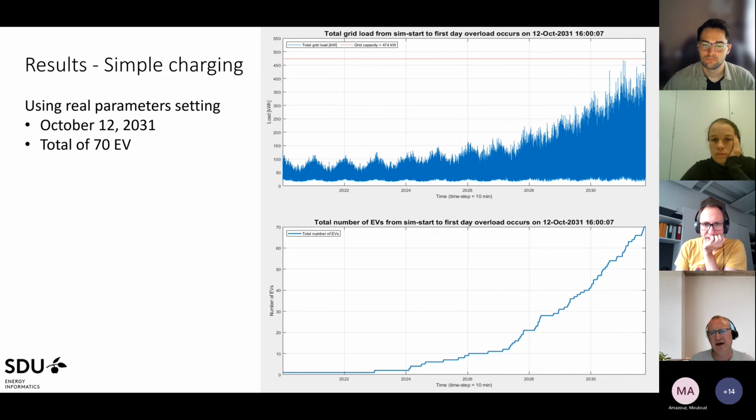And what we've done here is we try to say, okay, what is the expected growth or adoption rate of EVs over the coming years, and how will that influence the grid stability when all of these adopted EVs start to charge? Based on this, we saw that we will have our first capacity problem in a typical Danish distribution grid in 2031, when people just charge in this traditional fashion by plugging in when they come home.